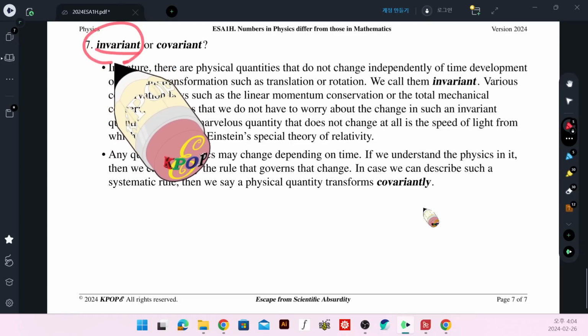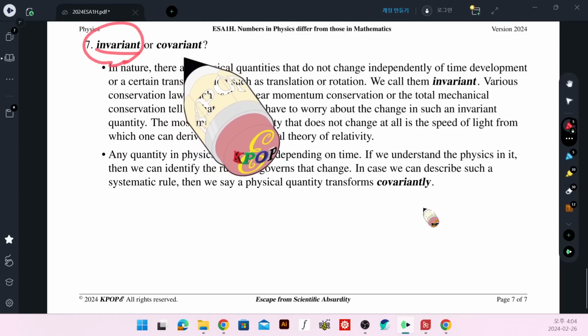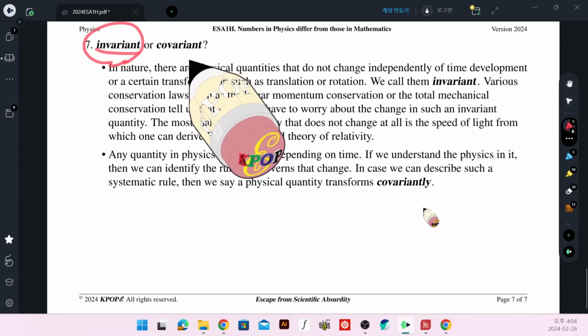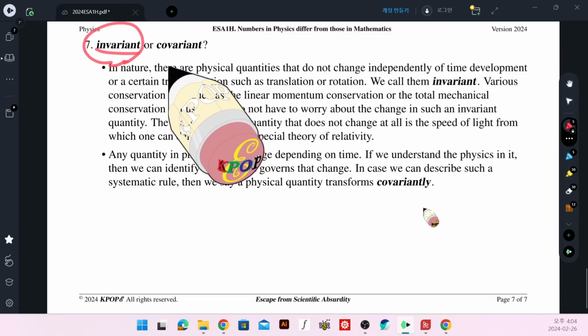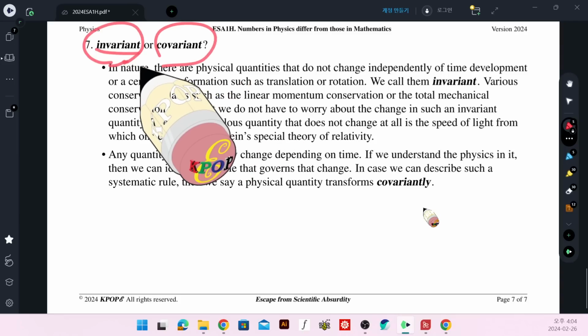On the other hand, some quantities may vary depending on a transformation. But once we can identify the systematic rule of changing the value of a physical quantity, then we say it is varying covariantly.